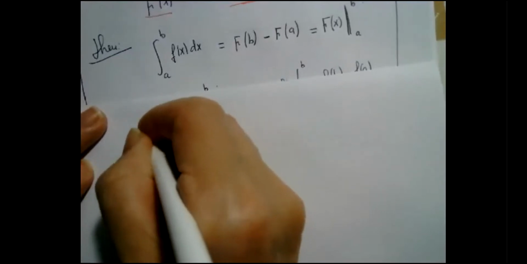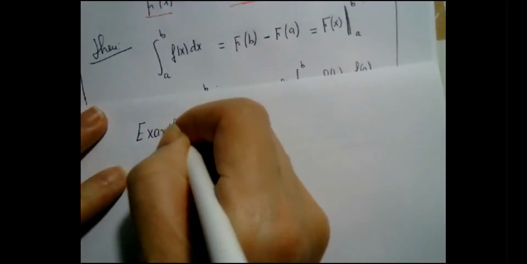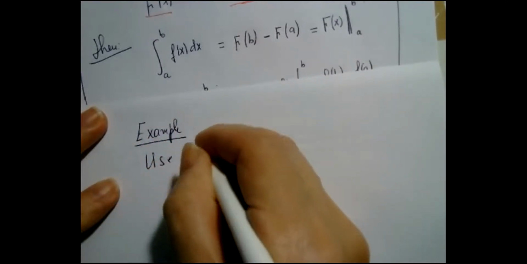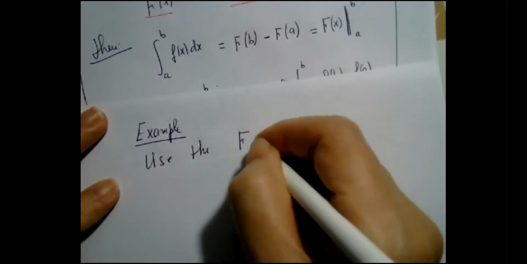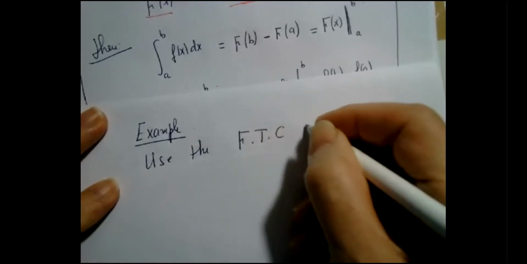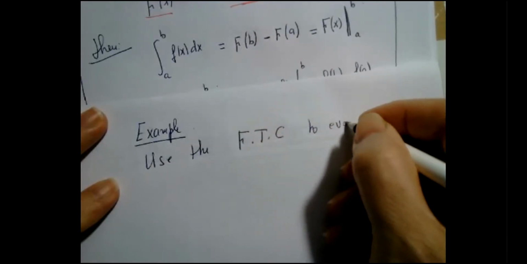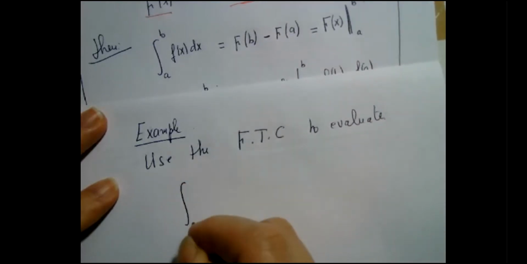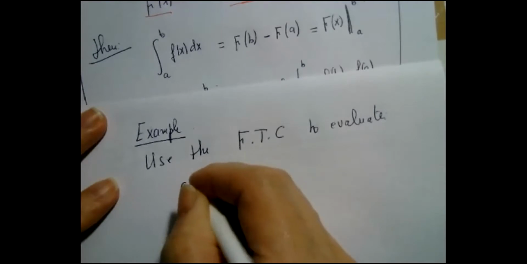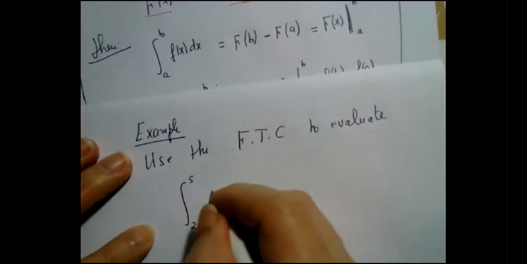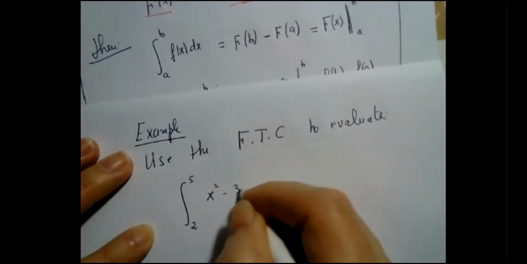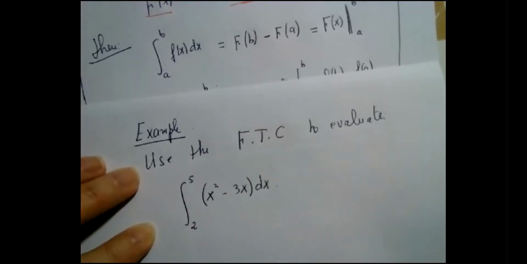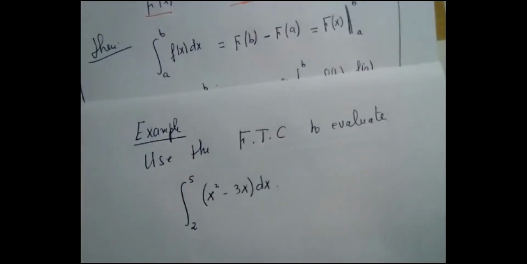Example: use the fundamental theorem of calculus, sometimes abbreviated FTC, to evaluate the integral from 2 to 5 of x squared minus 3x dx. The first one I will do slowly, but then we will do them a little bit faster.